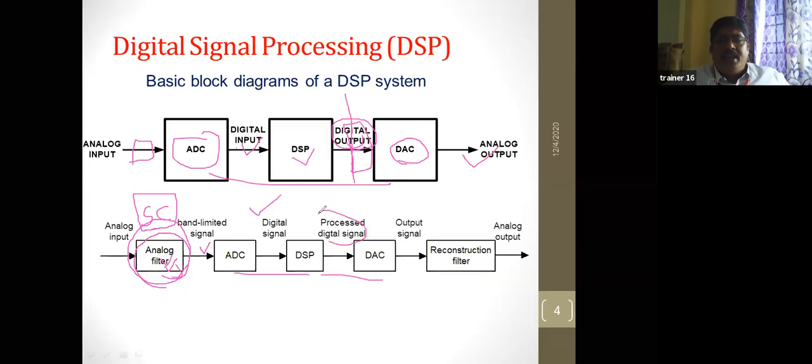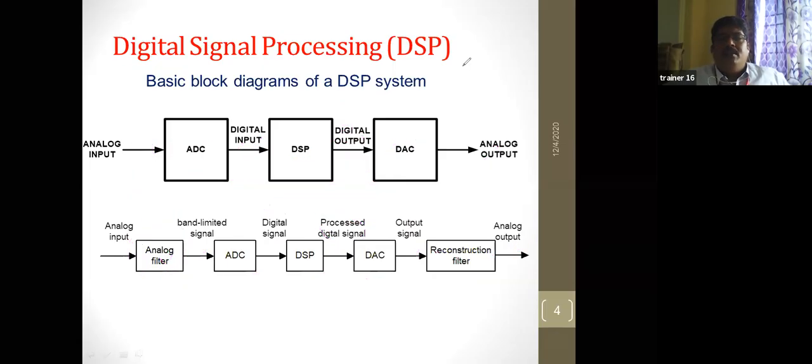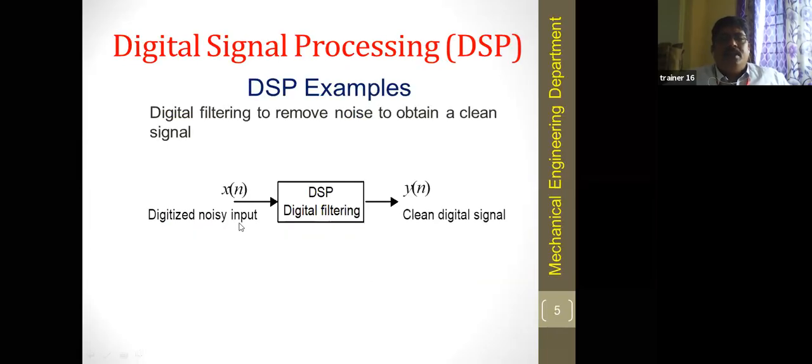Here the processed signal is the output signal. Again, this output signal we have to pass through a reconstruction filter to get the analog output correct. This is one block diagram, and this is another block diagram of this DSP.